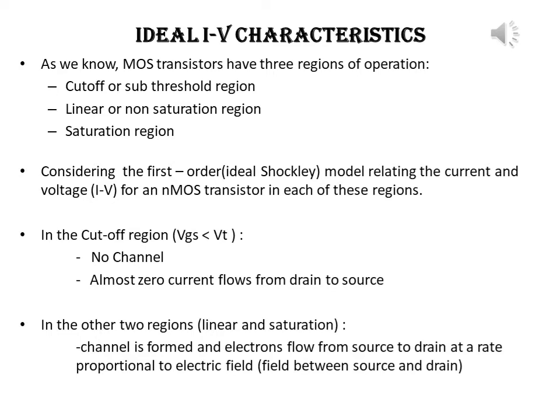So this is going to form a channel beneath the gate between source and the drain. These electrons drift from source to drain at a rate proportional to the electric field between these regions. So if we know the amount of charge in the channel and the rate at which it is moving, then we can easily compute the currents.